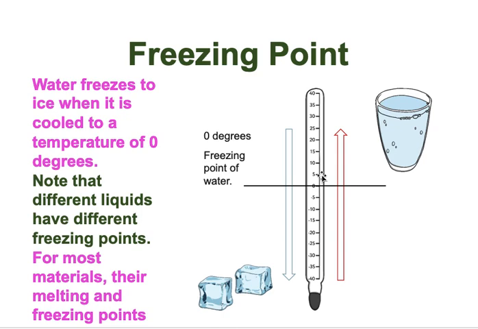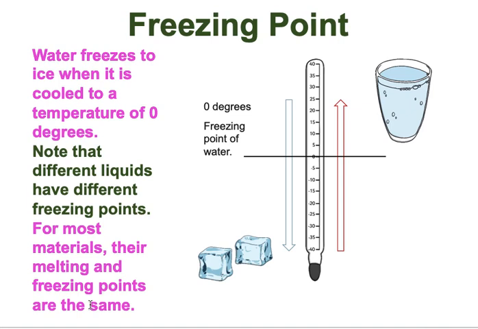Okay, so you should know what is the freezing point and the melting point. For most materials, their melting and freezing points are the same. For example, if you take water, the melting point and the freezing point of water is the same. It's 0 degree Celsius. So for most of the liquids, you will see the melting and the freezing point are the same when the substance is very pure.